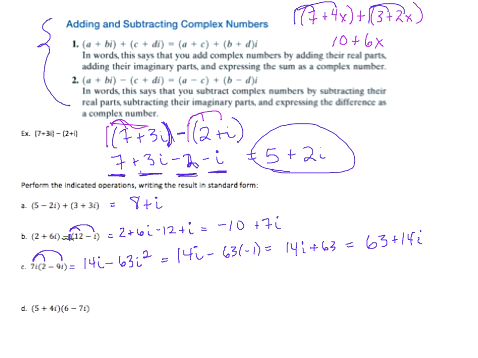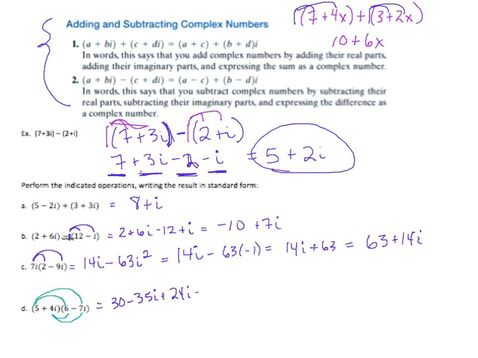Okay, great. So this last one, we have distribution of each to each. So I'm going to go here and here, here, and here. 5 times 6 is 30. 5 times negative 7i is negative 35i. 4i times 6 is positive 24i.